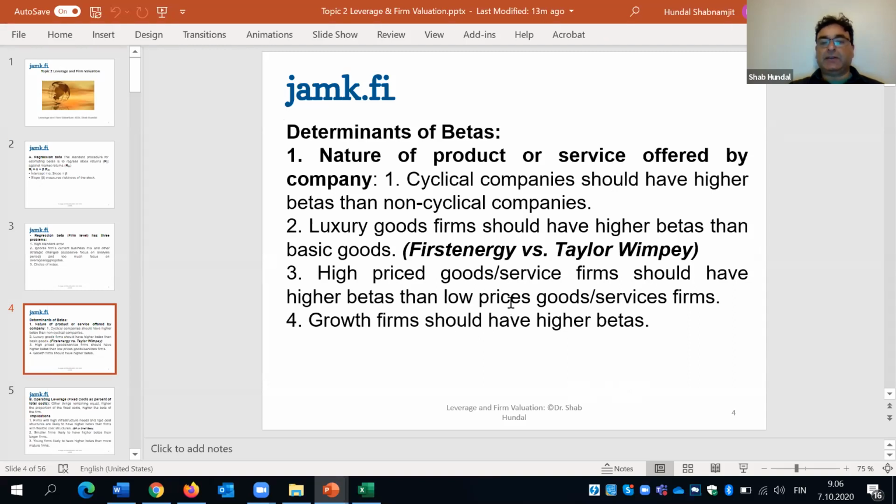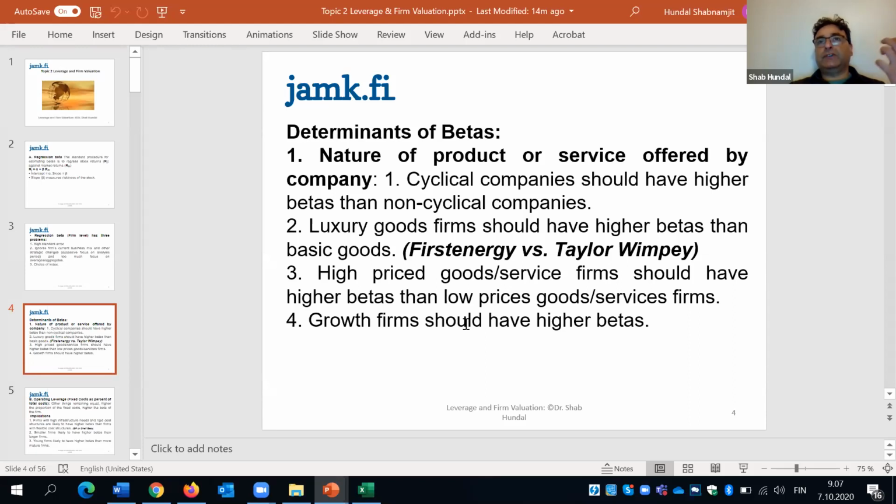High price goods have higher beta. The low price goods, essentials, for example, the food items are generally low priced because food is very regulated, at least the basic food. If the price drops, we don't start consuming more of it. And when the price goes up, we don't stop consuming it.